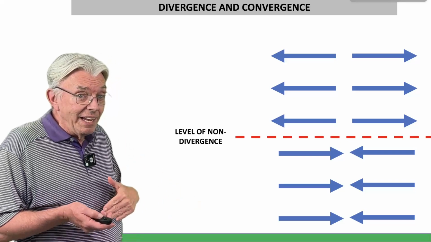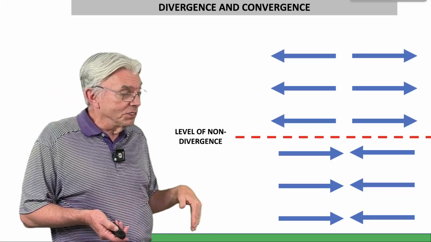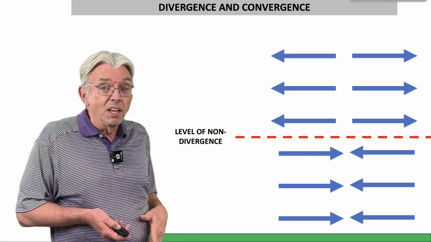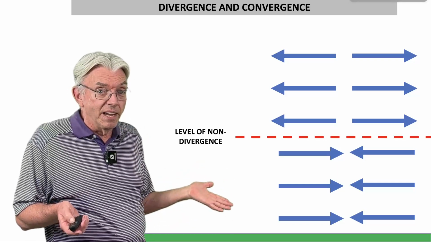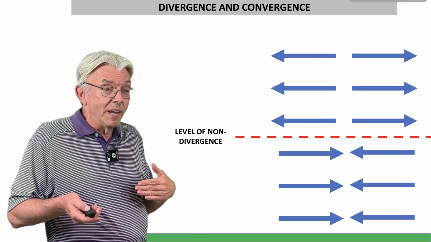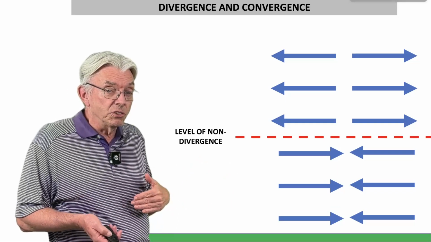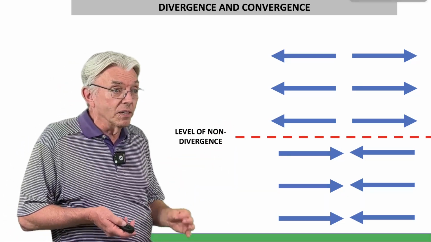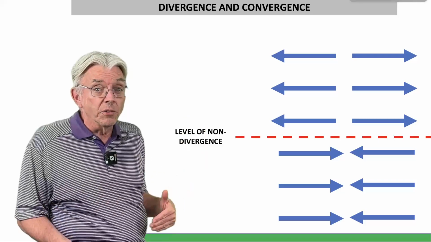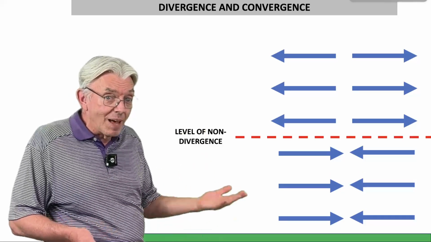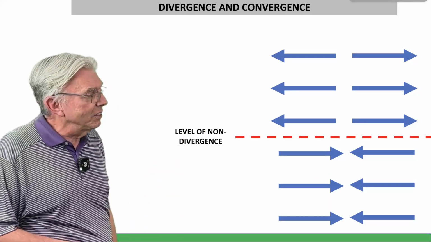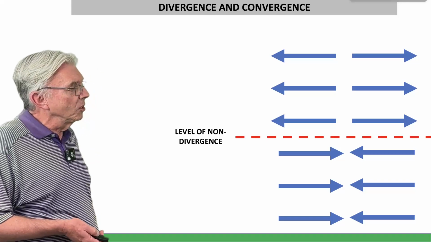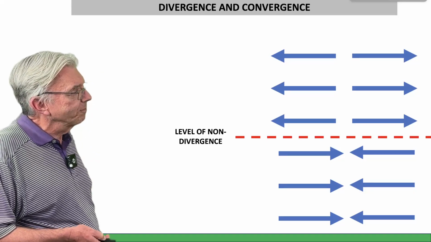Well, it can change due to convergence and divergence, but if you're at the level of non-divergence, there is neither of those, okay? So that way you don't have to worry about how the vorticity is going to change with respect to a certain wind pattern. You can simply look at how it's going to change for other reasons, but you can leave out that particular reason. So that simplifies things a little bit. That's why the 500 millibar level is looked at so much.